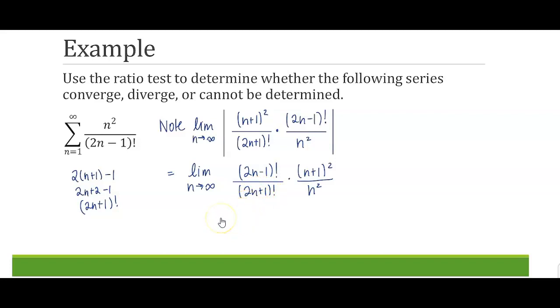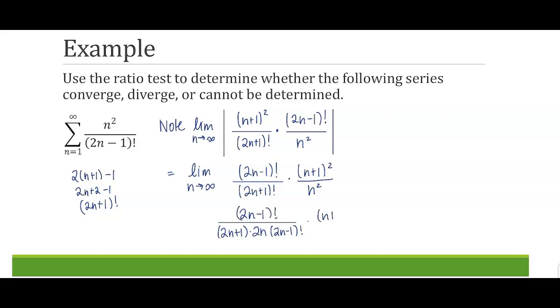In the denominator, 2n plus 1 would be the first part of expanding out this factorial, and then I would reduce by one integer, so I would go down to times 2n, and then if I reduce by another 1, I'm going to end up with 2n minus 1. So I'm at the point where I have 2n minus 1 factorial, which is exactly the same thing in the numerator.